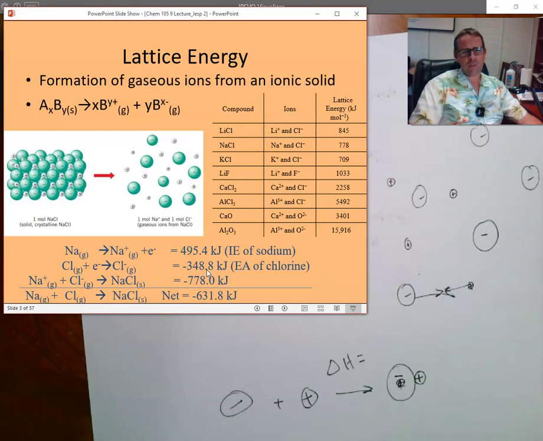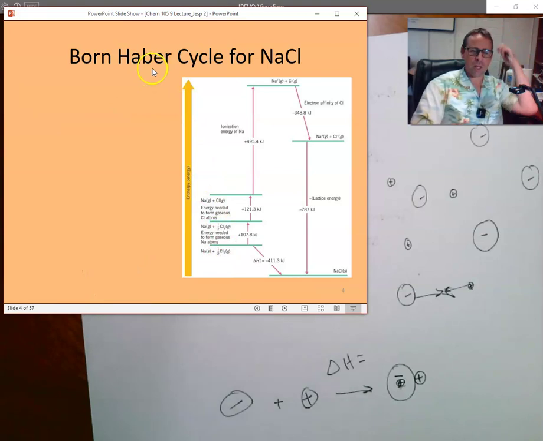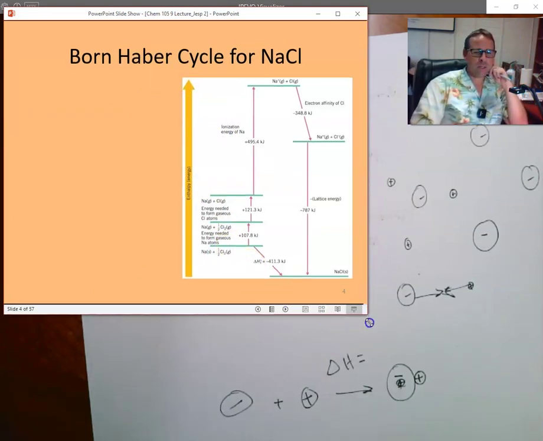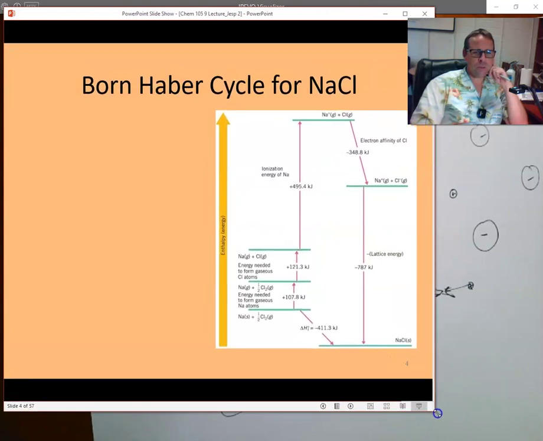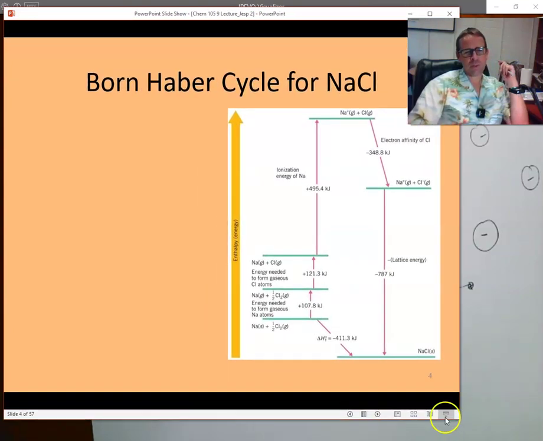All right, so if we look at it in this Born-Haber cycle, as we call it, which is a figure to look at the individual steps. Here's the ionization energy, 495.4, of sodium. Here's the electron affinity energy of chlorine. Here's the lattice energy. And there are actually two other components associated with this process.